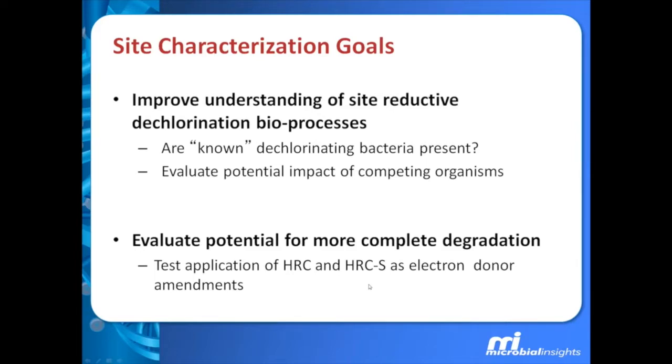The idea here was that this particular formulation also contained a chelated iron 2, the purpose of which was to bind and precipitate sulfides that are produced by sulfate reduction, and in doing so take that sulfur out of the sulfur cycle.